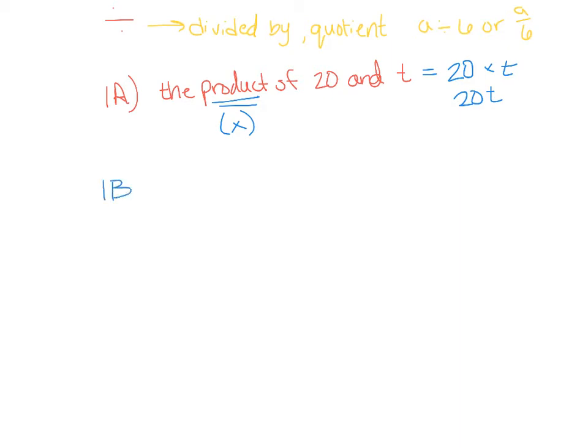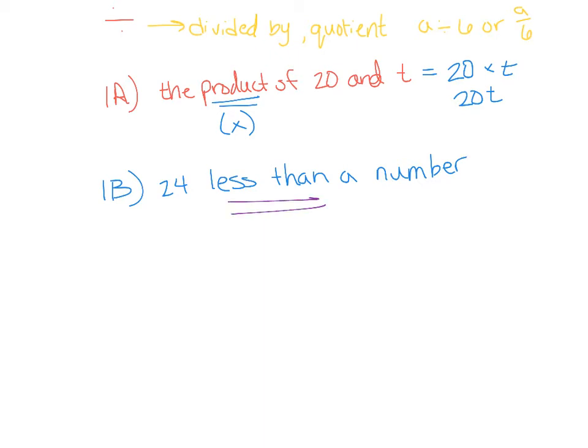The next one, 1b, says 24 less than a number. Less than is our math word, and those are turnaround words.